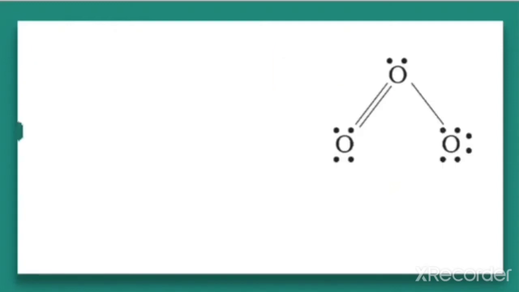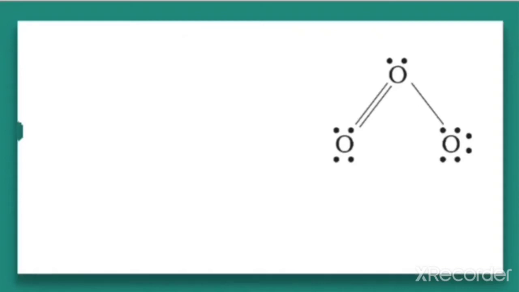First of all, in order to find out the formal charge for each atom in a molecule, we need to make the Lewis structure, using the method which we have already discussed. So this is the correct Lewis structure for the ozone molecule. Here each and every dot plays a very important role.